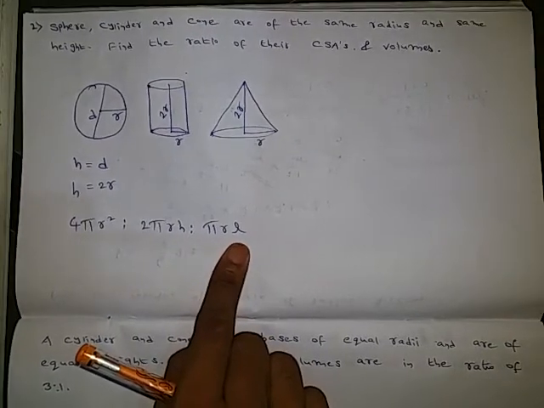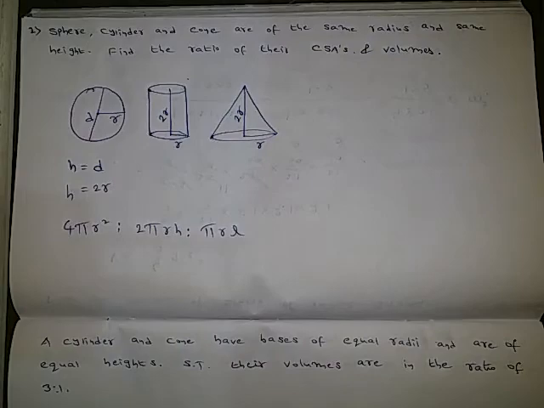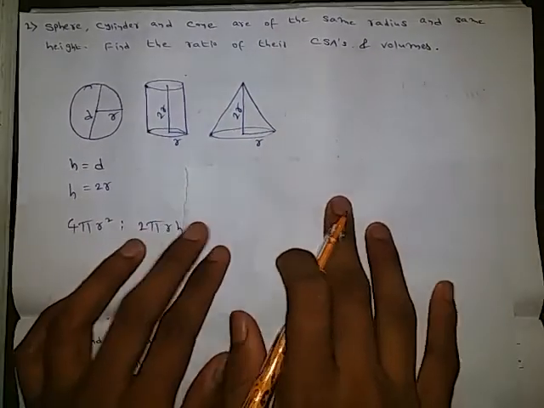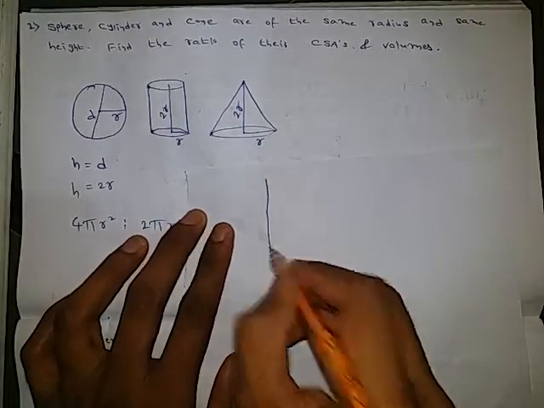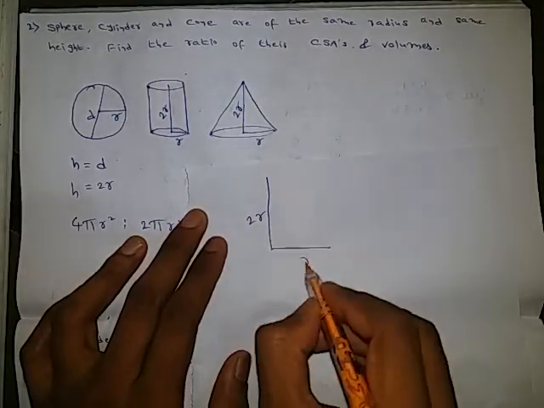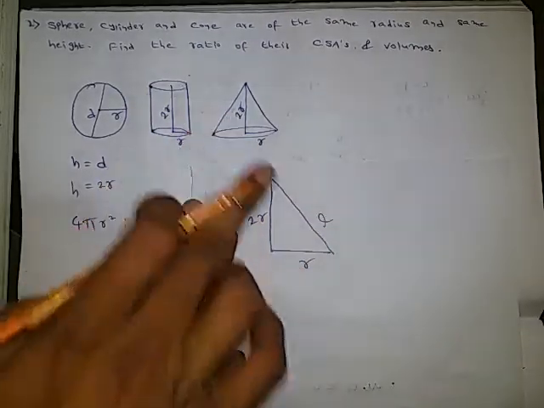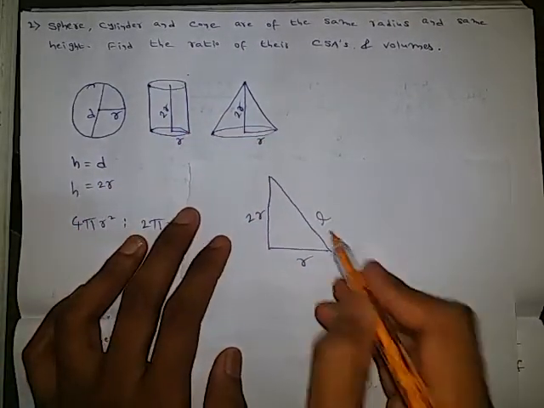So our first duty is finding the slant height of the cone. We have a cone in which height is 2r and the radius is r. So I am joining these two. This will be the slant height of the cone. So this l we need to find out.